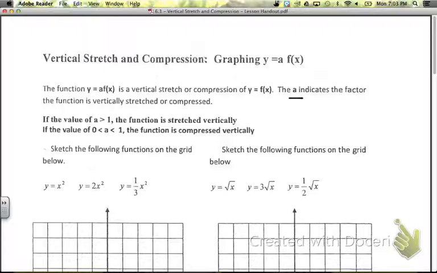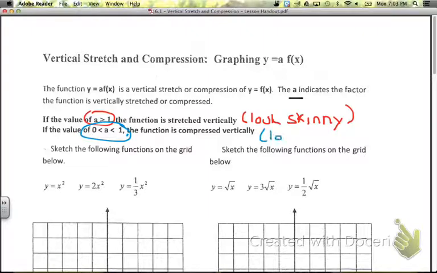So if our value of a is greater than 1, the function is stretched vertically. What that's going to look like is skinny compared to our base function. And when we're looking at our function where a is between 0 and 1, the function is compressed vertically.